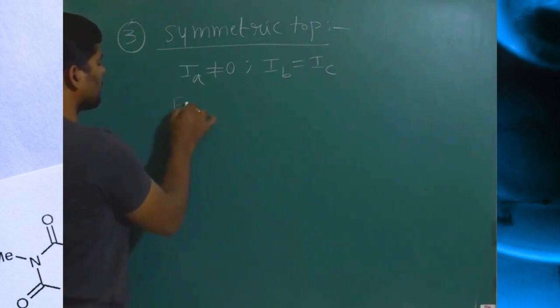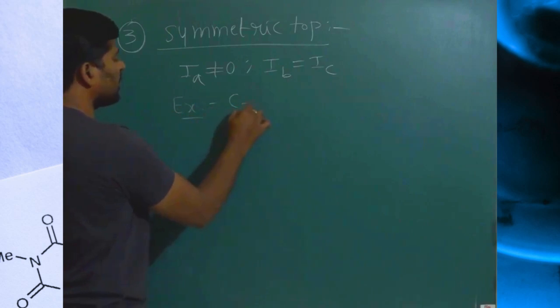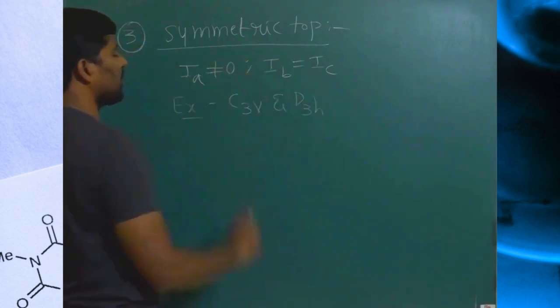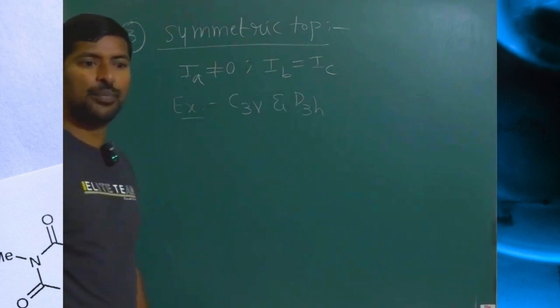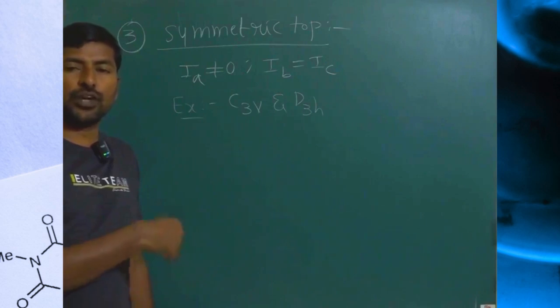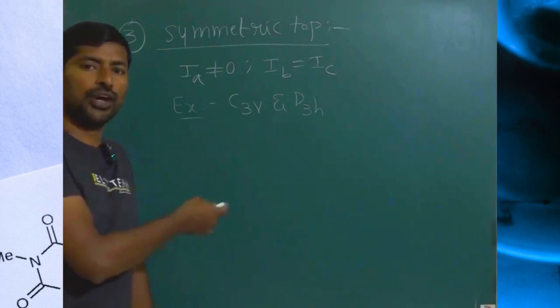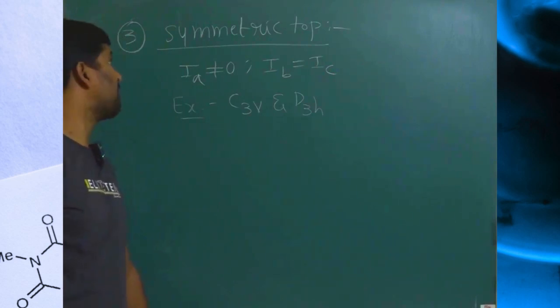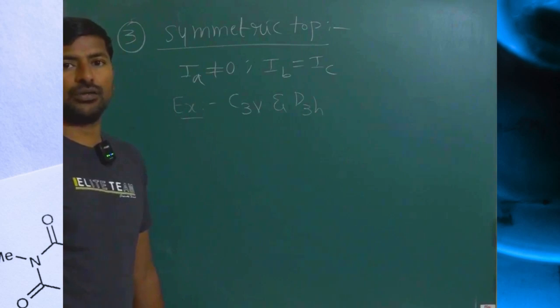Generally, molecules belonging to the C3V point group and D3H point group come under symmetric top molecules. For example, BX3 or BCl3, CH3Cl (methyl chloride), methyl bromide, methyl fluoride, CH3Br, etc. NH3 and ethylene also come under symmetric top molecules.